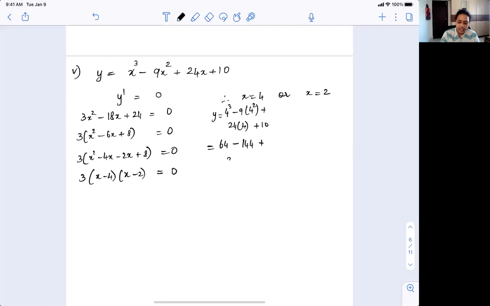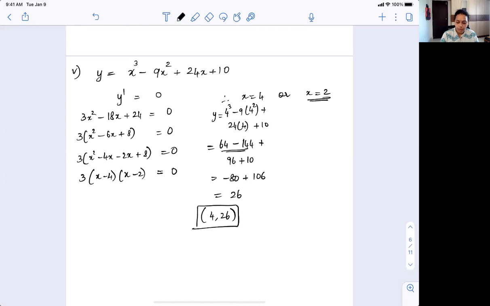Plus 96 plus 10. So this is minus 80 plus 106. So we get 26 here. Is that the right answer? Yes, it is. So (4, 26) is one critical point.